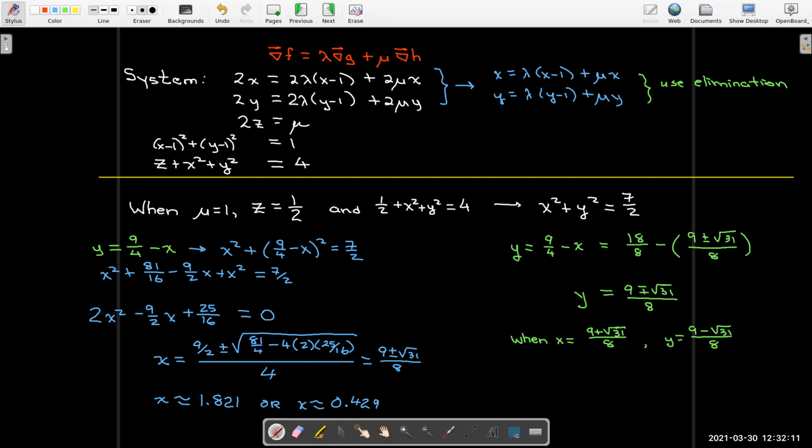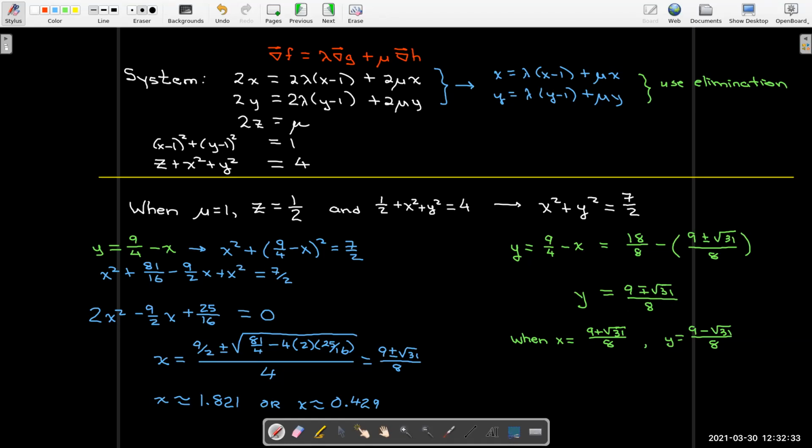18 minus 9 will give me 9. When I multiply plus or minus radical 31 by -1 here, or distribute the minus sign, I'm still going to get plus or minus, but in the opposite order. So we write that as minus plus radical 31 over 8. So that can be a little confusing.